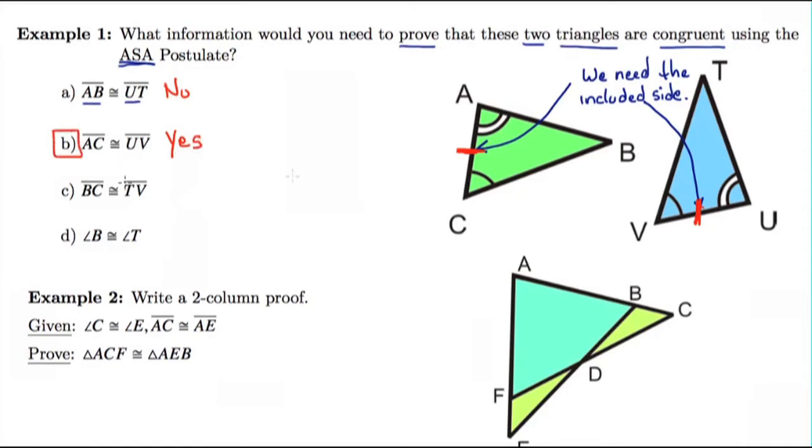Part B, segment AC and segment UV are the included side, so that's going to be our answer for the example. C doesn't work because again BC and TV are not the included side. And D is not even a side. There are two angles, angle B and angle T, so that doesn't work.